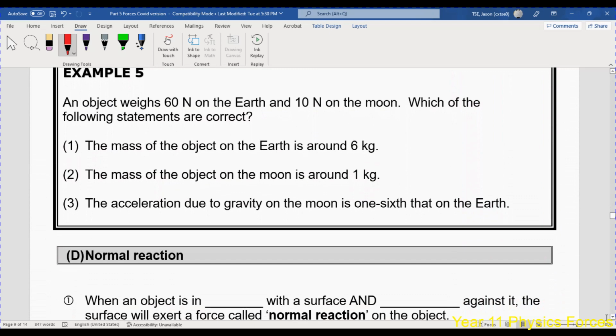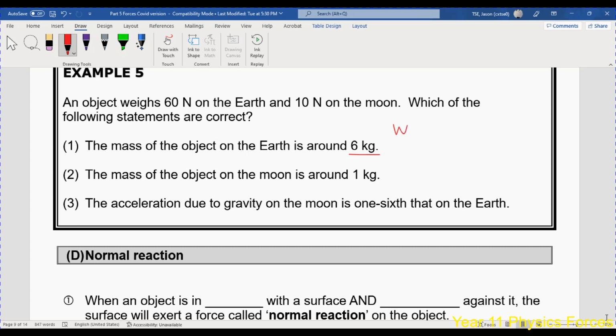All right. So let's say an object weighs 60 Newton on the Earth and 10 Newton on the Moon. So it's 1/6 times. Which of the following statements are correct? First, the mass of the object on the Earth is around 60 kilogram. Is that true? Let's calculate the mass of the object on the Earth.